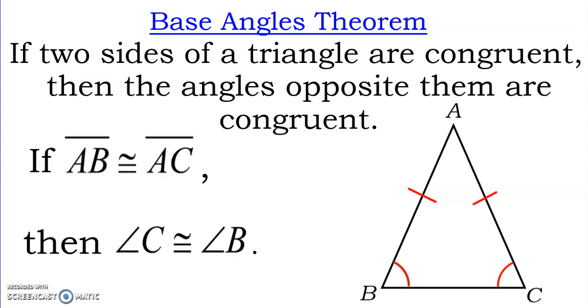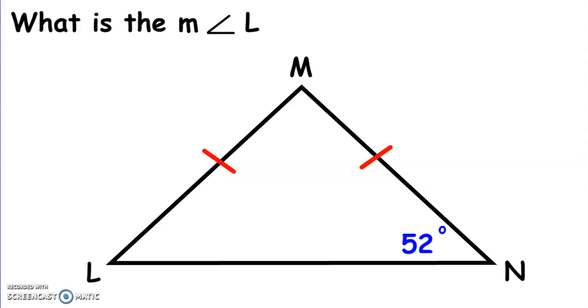So the base angle theorem says if two sides of a triangle are congruent, then the angles opposite or across from them are congruent. So angle B is congruent to angle C. So for example, if these two sides are congruent, these are called the legs, then their base angles are congruent by the base angles theorem.